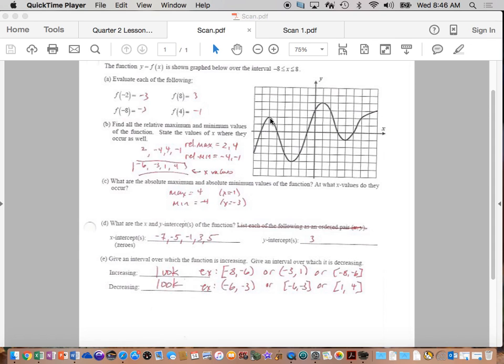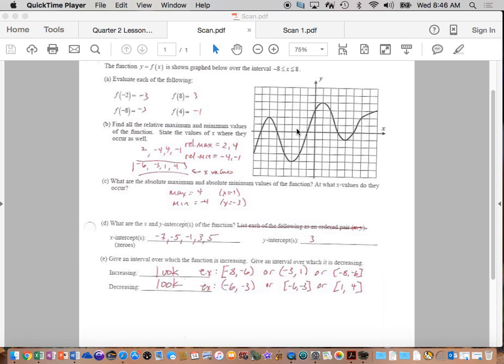So here's one right here. What is that height? That height is 2. Don't write the coordinate. Just write what the maximum height is. It's 2. Now this is also a maximum height. What is this maximum height? 4. So the relative maximum heights are 2 and 4.